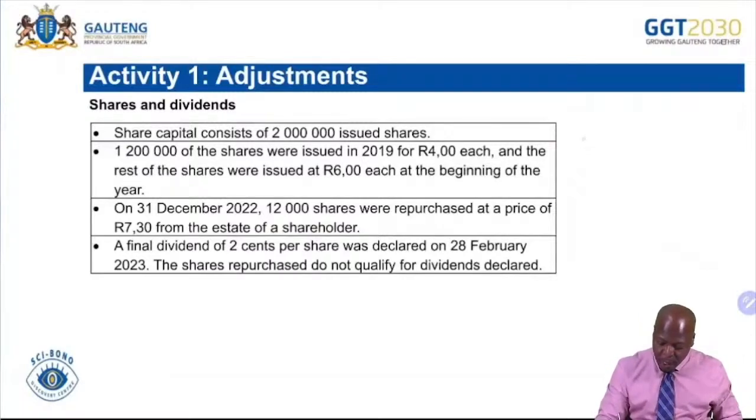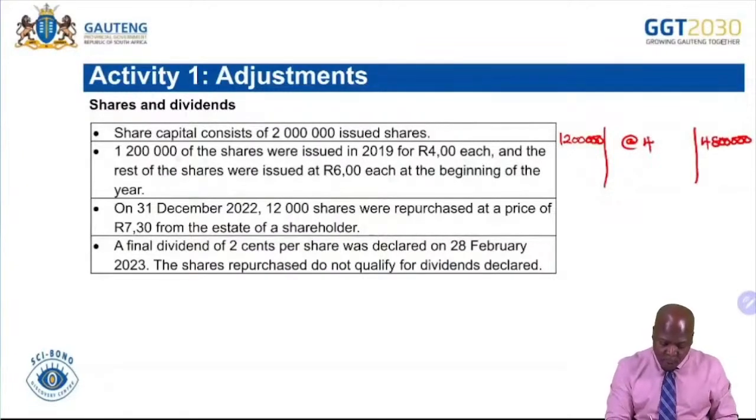So I'm just going to come quickly here and see if I can do a quick note number 7. Let's quickly do that. So we know that we had 1.2 million at the beginning, and these were issued at 4 rand. It therefore means we had 4.8 million here. You still following me? All right. This is why they say it here.